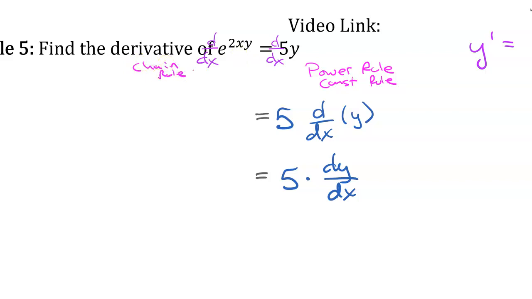And as we keep going and keep learning more rules and more formulas, they're going to stack on top of each other, so having them that way will help. Now I'm going to treat my exponent here as my chain. So u, since chain rule uses u, will be 2xy.